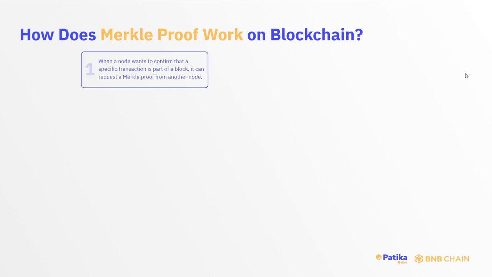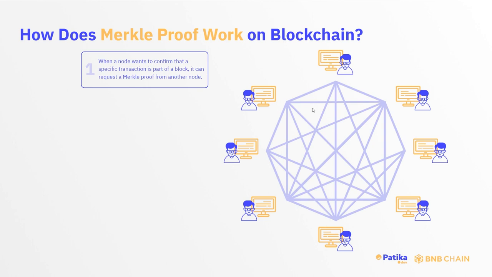When a node wants to confirm that a specific transaction is a part of a block, it can request a Merkle proof from another node. For example, in one of the nodes, we know that the transaction is changed, but there are a lot of nodes, meaning that we can fetch information from one of them and check if there's a problem about our Merkle root.